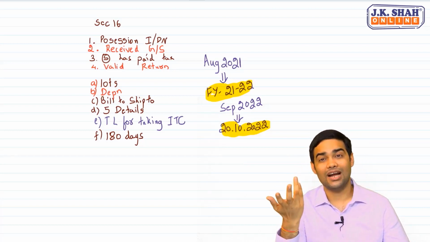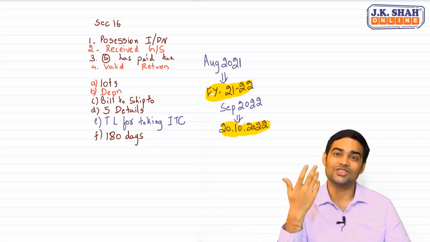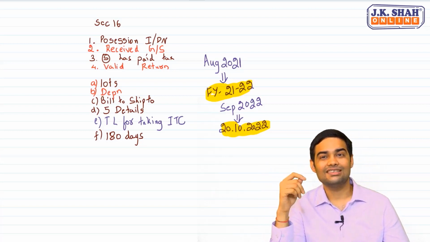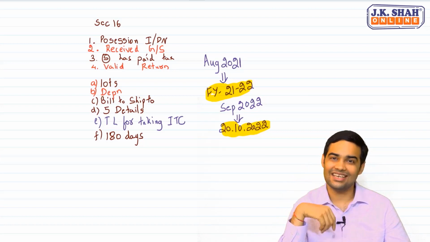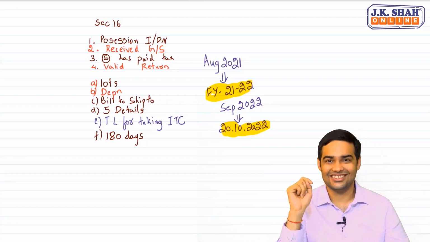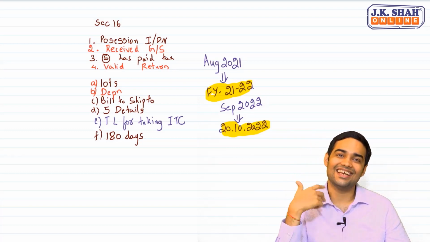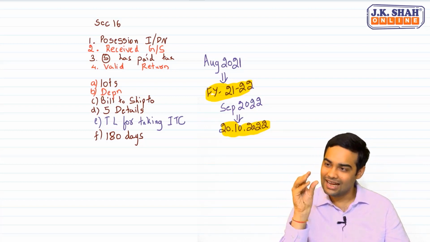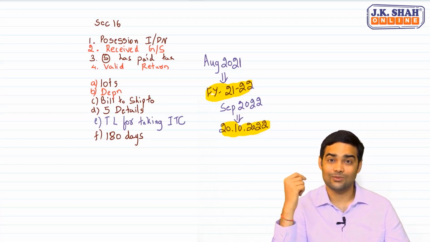So he'll have to give it back to the government, and while giving it back, he has to also pay interest at 18% per annum. Now this is a funny circumstance where the supplier is not getting money, but the government is taking away ITC and also charging interest on this. पैसा नहीं मिला supplier को, but the benefit is to the government, where they take that ITC amount and also interest at 18% per annum.